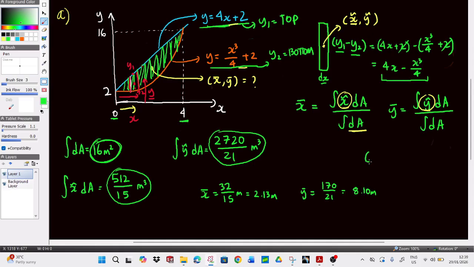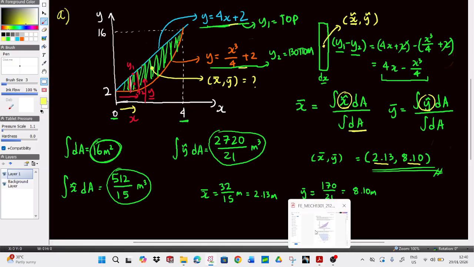So your centroid should be 2.13 and 8.10. Okay, so this is your x bar, your y bar. So this is your final answer supposedly, and it makes sense because it would be lying within the area itself. It's a logical value because it'll be lying between the area itself.